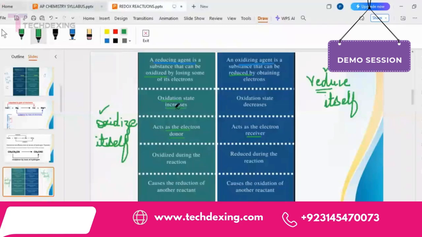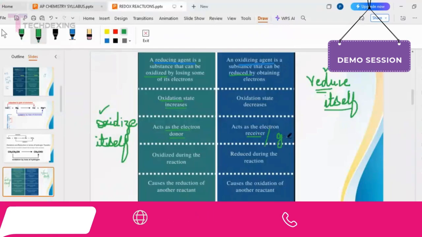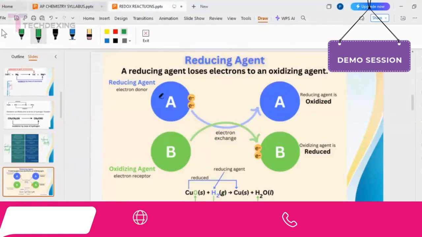So here it oxidizes itself, it means oxidation occurs, and in oxidation there is an increase in oxidation state and a loss of electrons. And in the other case, we have the oxidizing agent that oxidizes others but reduces itself. So it means the oxidation state decreases and the reduction reaction occurs, and there will be a gain of electrons. Clear?